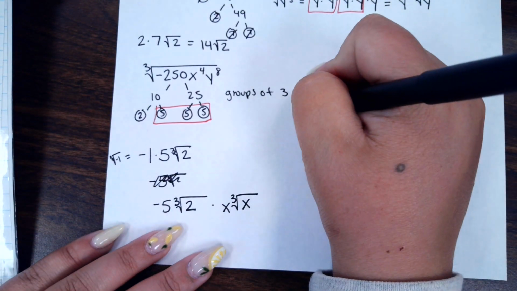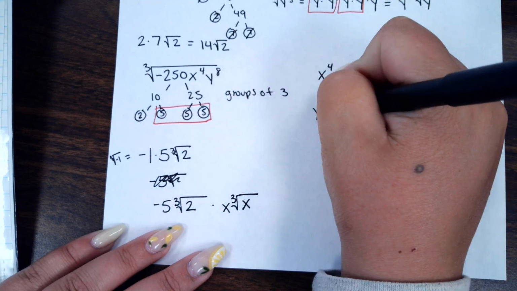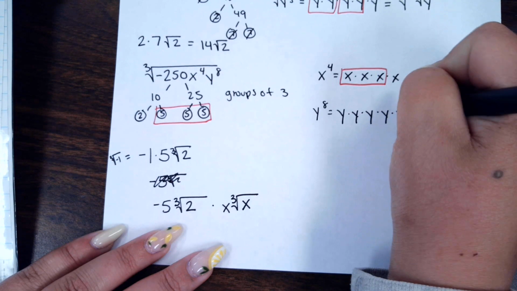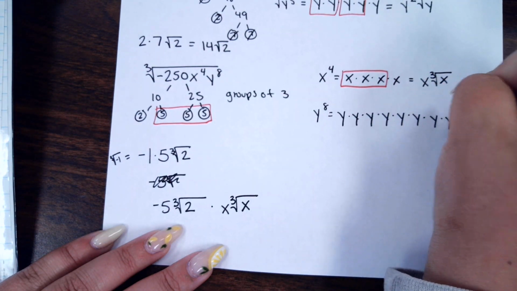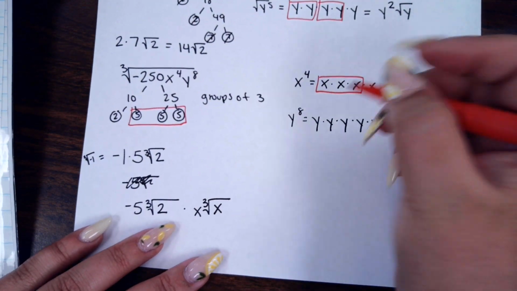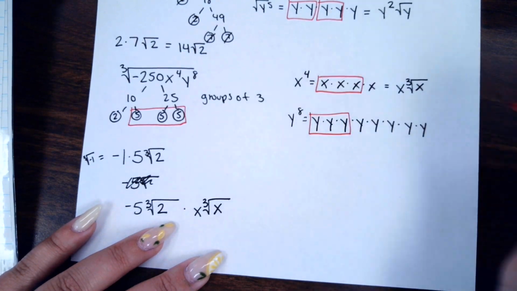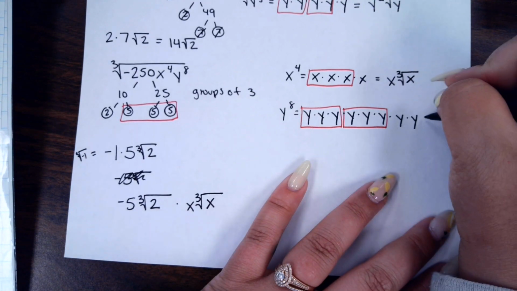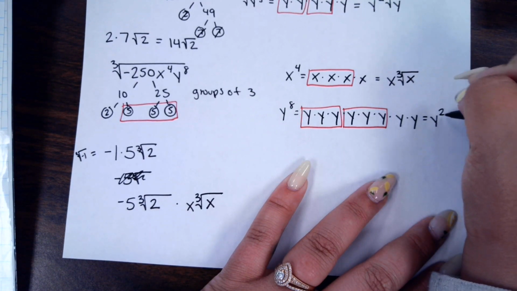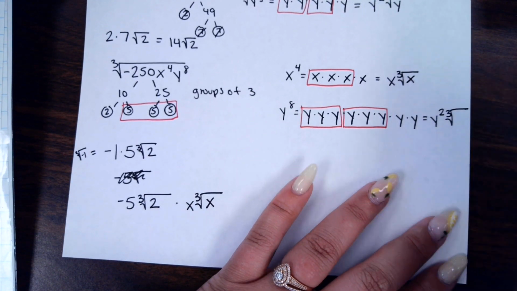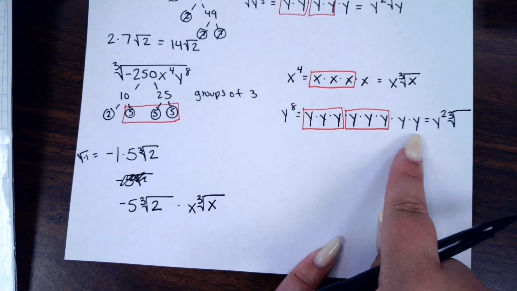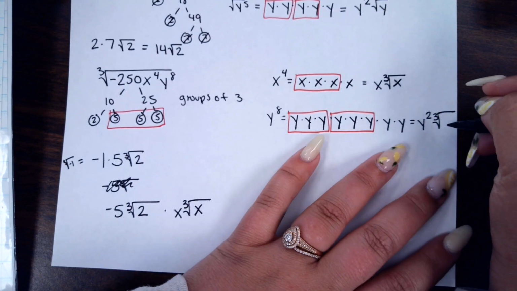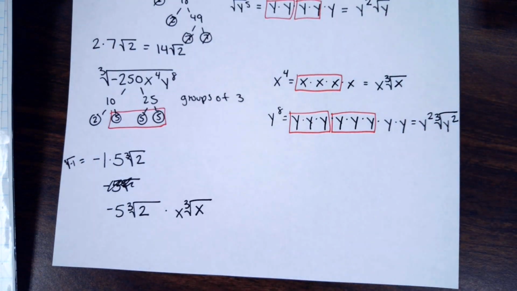Then we look at the y's. 1, 2, 3, 4, 5, 6, 7, 8. Let's look for groups of 3. There's 1. There's 2. So this would simplify to y squared times the cube root of y squared, because there's 2 y's left underneath.